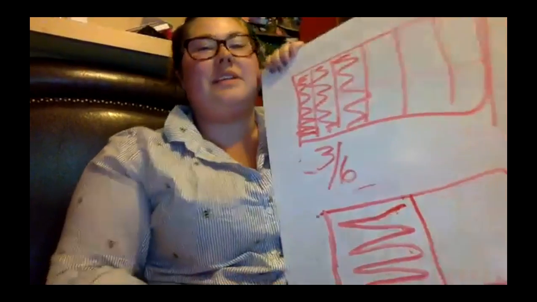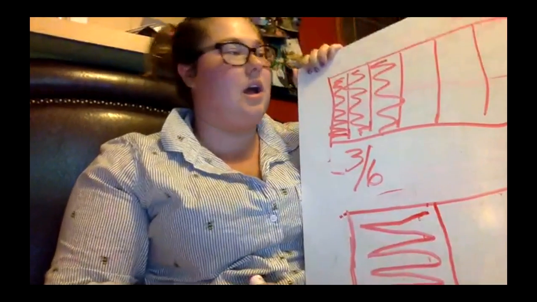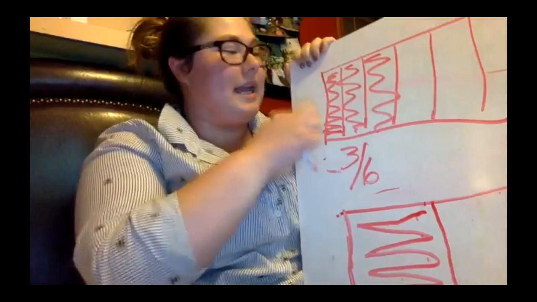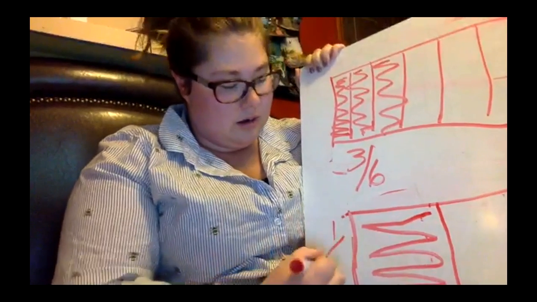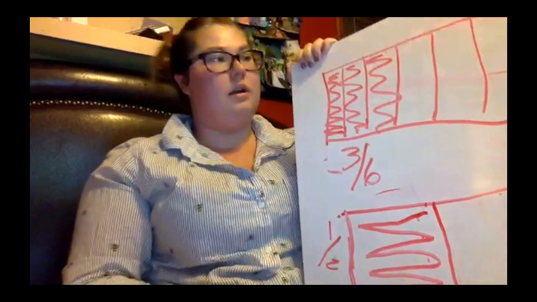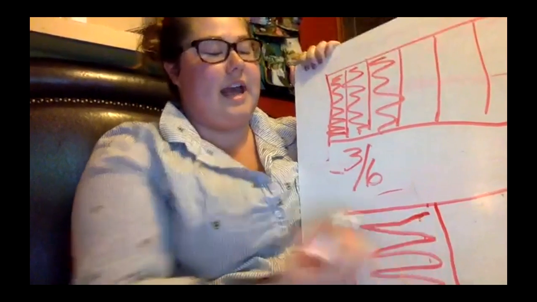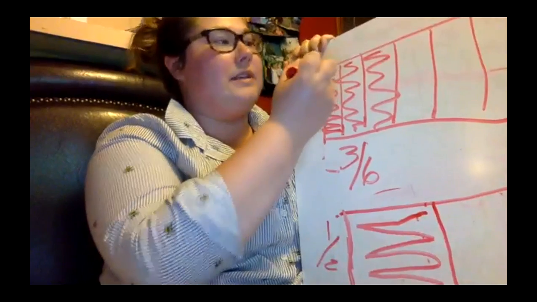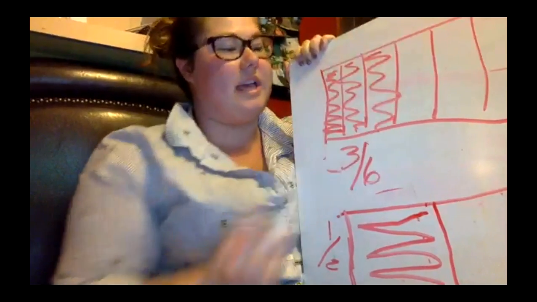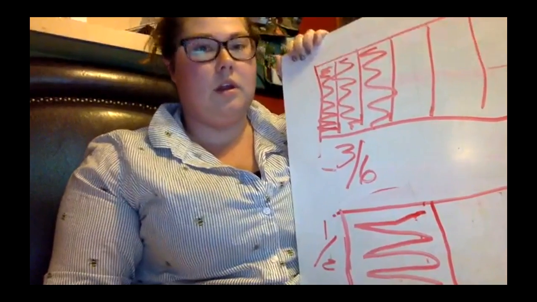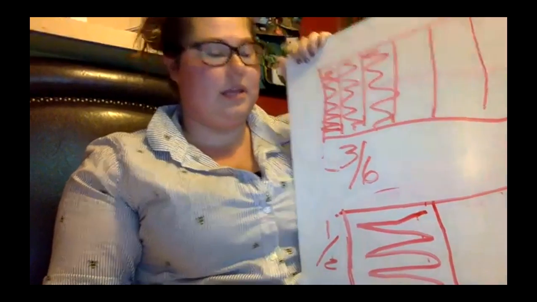Does she have the same amount as this candy bar? If they're the same length, and she splits hers directly in half, does she have the same as if we put all of ours together? Yes.